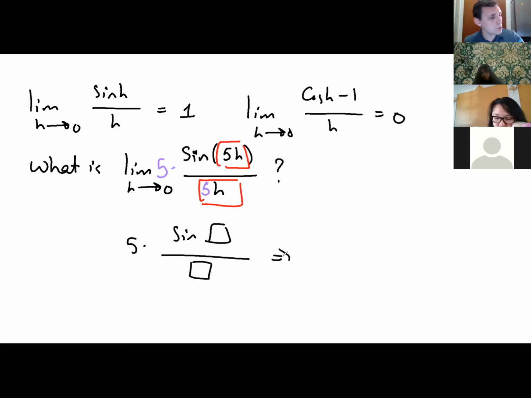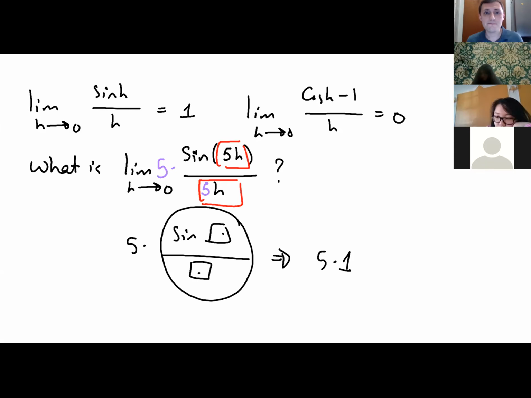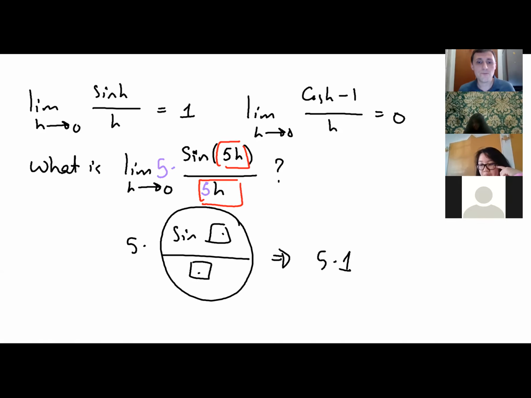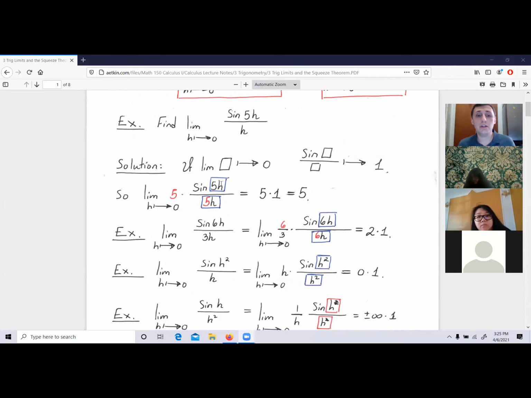This is approaching 5 times 1, because this ratio here approaches 1. Clear? That's what really happens. The h is not important. All right, so here it is explained.